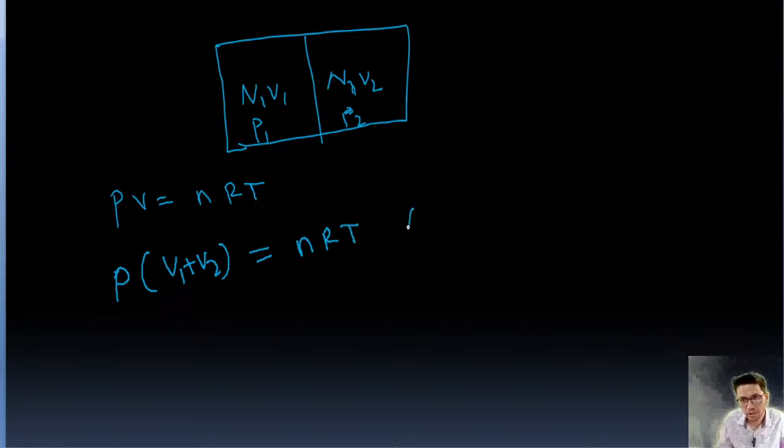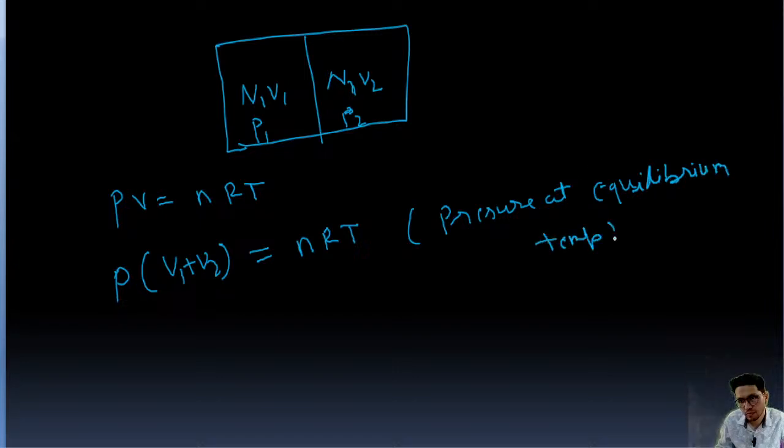The pressure at equilibrium temperature after mixture: P(V1 plus V2) equal to nRT. Now we need to find these values. From here, the pressure at equilibrium temperature P is going to be nRT upon (V1 plus V2).